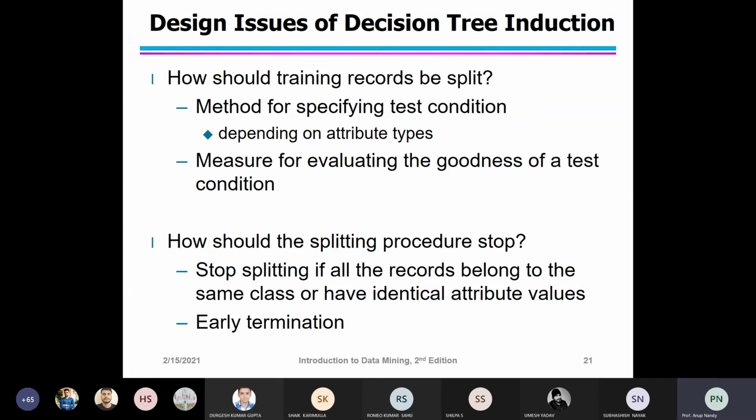To implement these steps, this algorithm must provide a method for specifying test conditions for different attribute types as well as an objective measure.